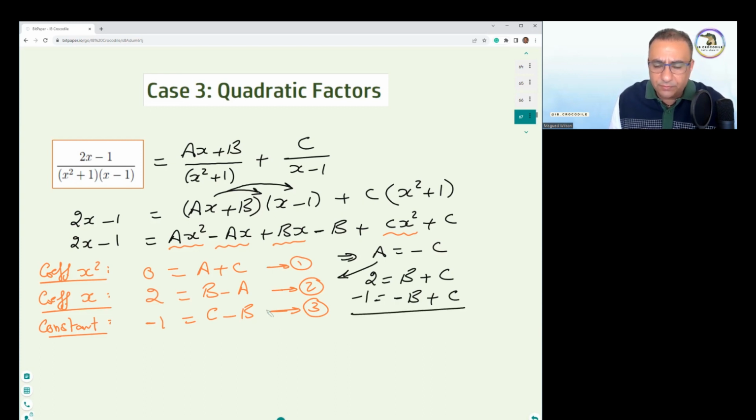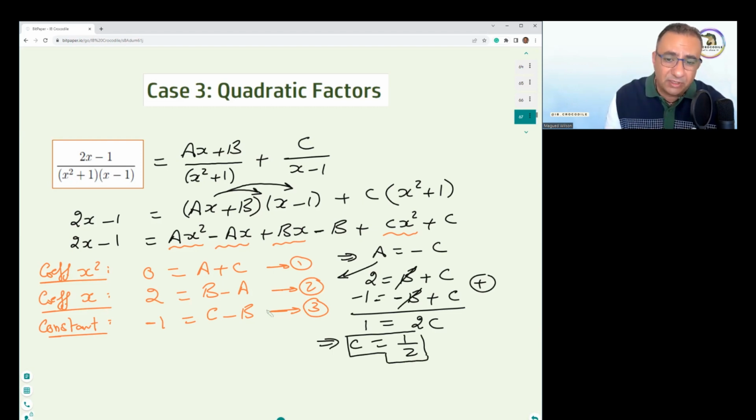If you add those equations, b cancels out. So you'll have 2c here, and 2 minus 1 is 1. So that implies that c is 1 over 2, right? Once you get one variable, it's a domino effect, we can just plug in.